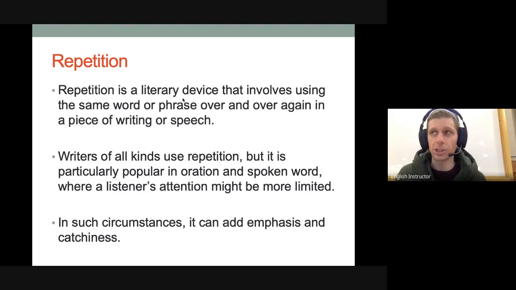And repetition can be useful in both writing and in speech, so oration, spoken word. And it's useful because it's going to focus the listener or the reader's attention on that phrase. So if you're using it with the correct term, it definitely is going to add emphasis. It's going to make things more memorable or more catchy.